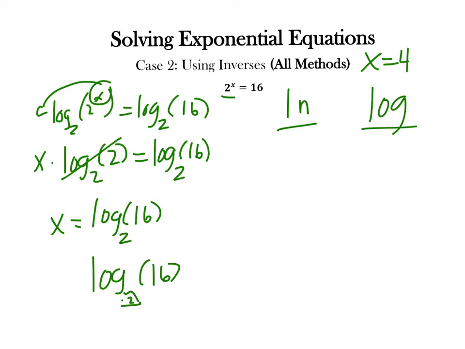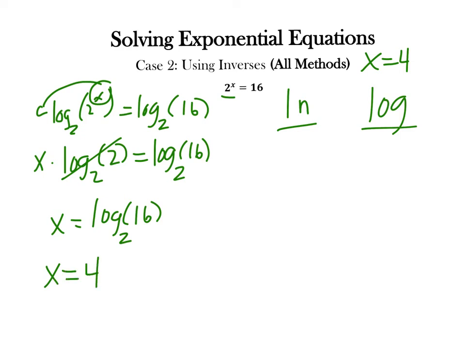If you tilt your cell phone sideways, you get more options where you can see the log, the square root, the natural log, exponents, all those kinds of things. So for these two methods, I just want to expose you to how this would work, right? This solution would actually result in, when you put it in your calculator and change that base, x equals 4. Okay?